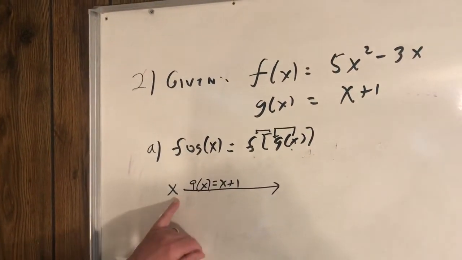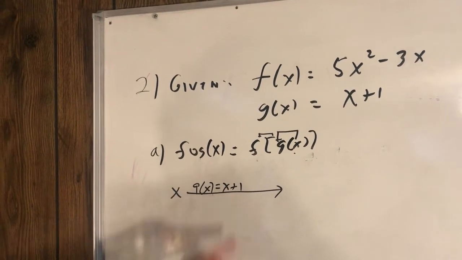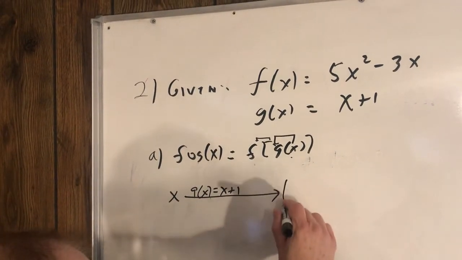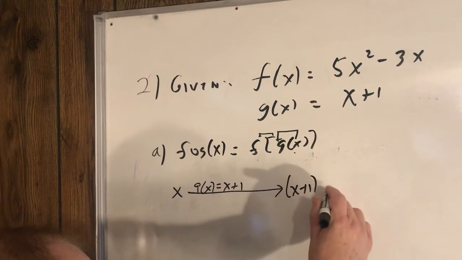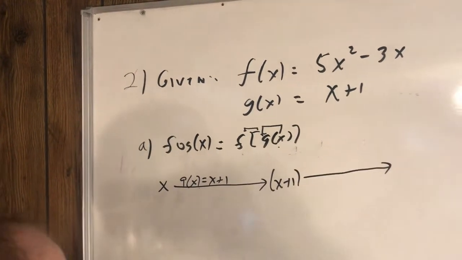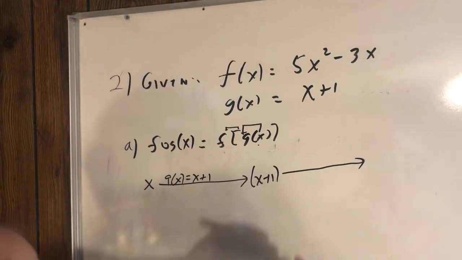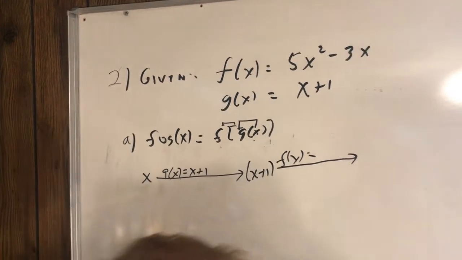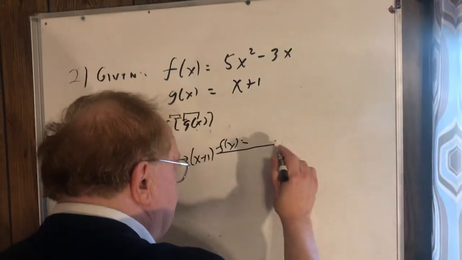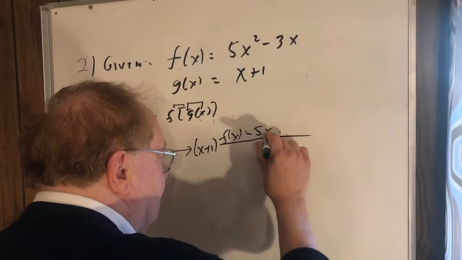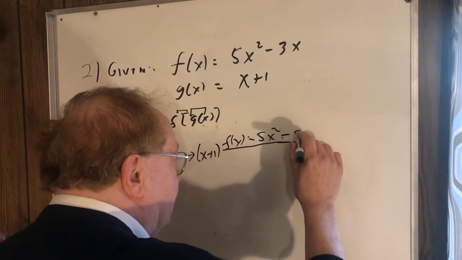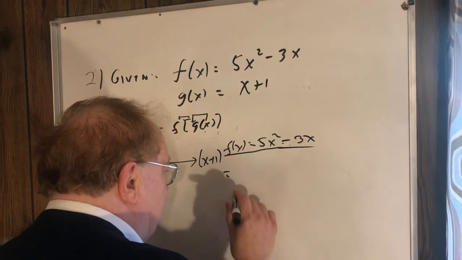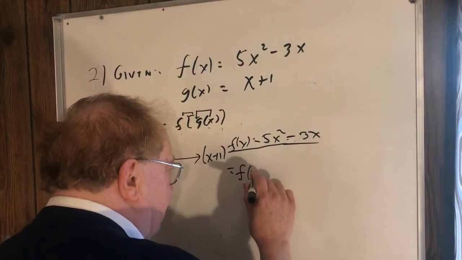Well, I'm putting x where x is, so I get the same value. So my intermediate product is x plus 1. I then take that and put it through the f machine, which is 5x squared minus 3x. Now wherever I see x, I put x plus 1.